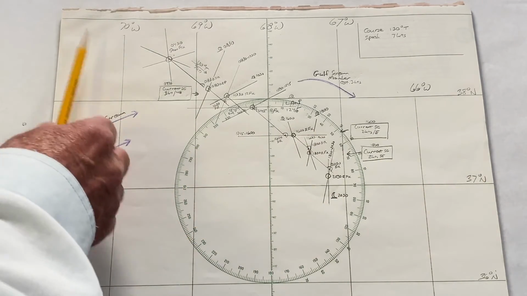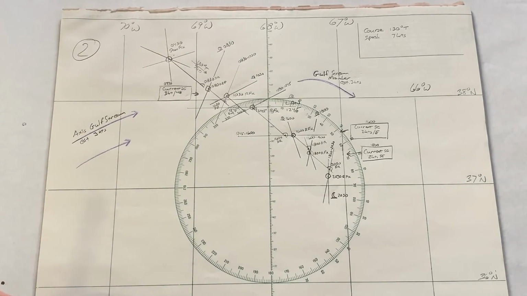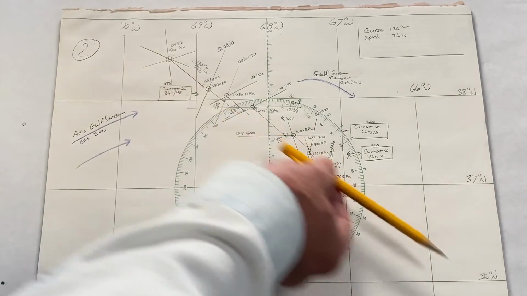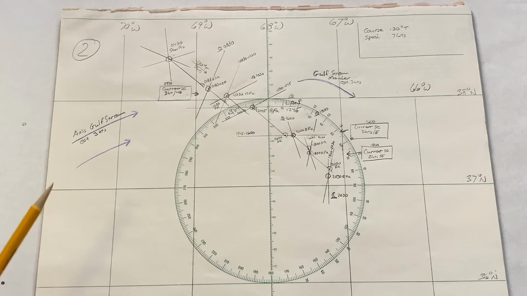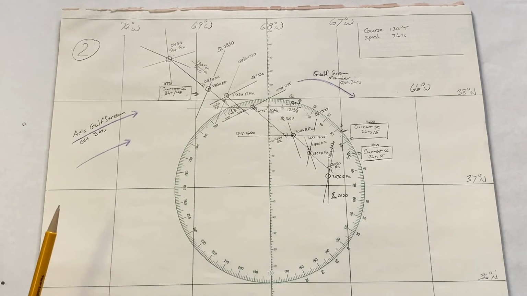And I like to label my plotting sheets, so this might be number 2, and then the next one heading off in this direction would be number 3. That way I can go back and recreate them if I need to in the proper order, and put the right information onto a general sailing chart.